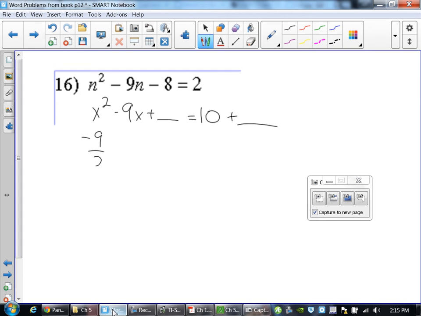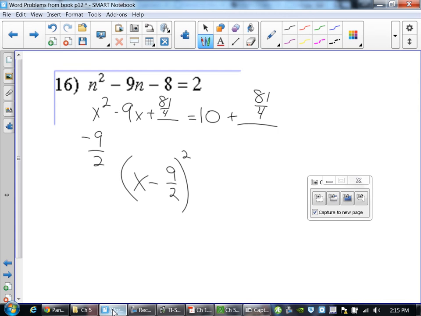All right, go through the motion again. Negative 9, half of it, well, it's negative 9 over 2. So x minus 9 over 2. I square it, and I get 81 over 4. When I add 10 to 81 over 4, wouldn't that be 40 over 4?